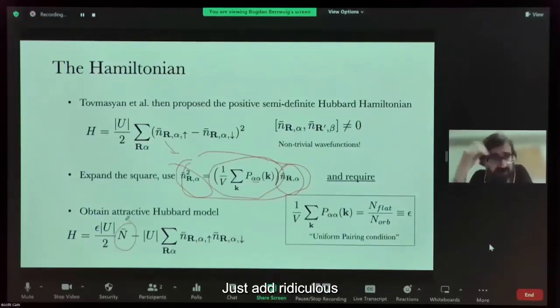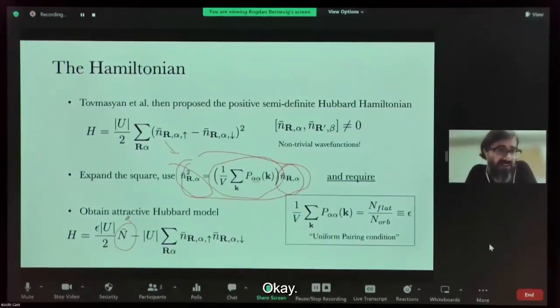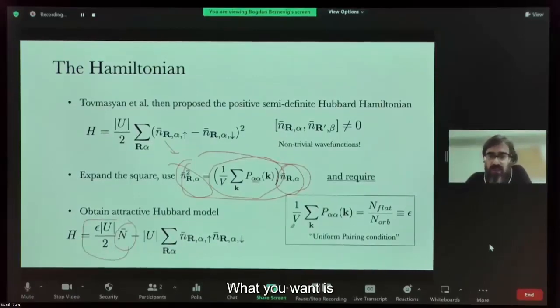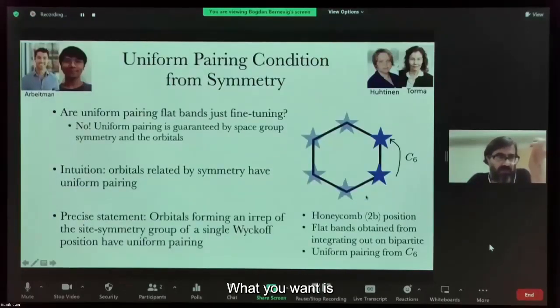So the quantum number of this total one is just the number of states in your flat bands, just the number of particles. Right? So this is the quantum number. So what you want is this diagonal part. So you see, it doesn't tell you a condition on B alpha beta with beta not equal to delta. It just tells you a condition on the diagonal part, okay? And this can be implemented if you have some symmetry.